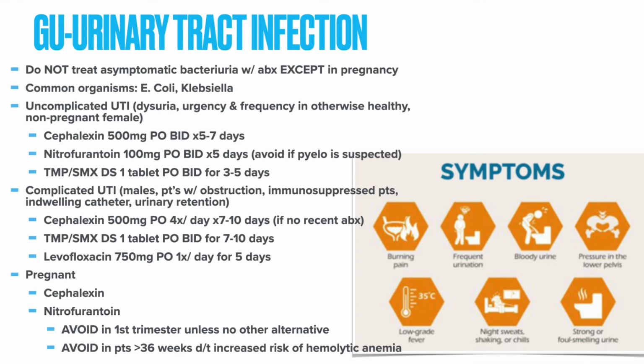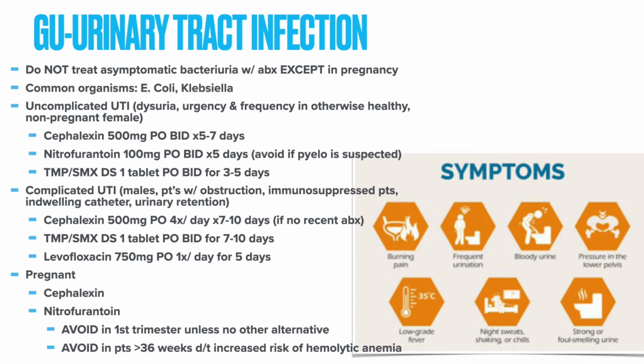And this is just to prevent further complications for mom and baby. So first-line treatment for pregnant patients for the bacteria and urinary tract infection includes, of course, cephalexin. For nitrofurantoin, it's really important to avoid this in the first trimester unless there are no other alternatives possible, and absolutely avoid it in patients greater than 36 weeks.